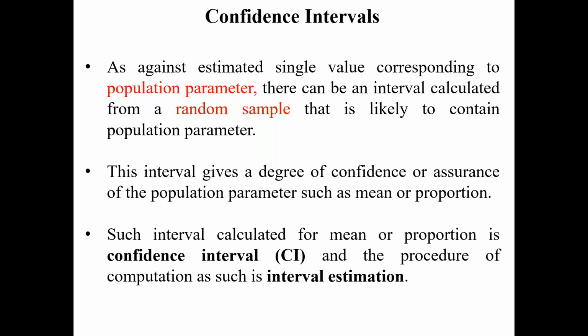Then two standard error values from the mean will give you the values from minimum to maximum, that will be 95%. So I am 95% confident that 95% of the values will be lying within the minimum of this much and maximum of this much. That is what is known as confidence interval.